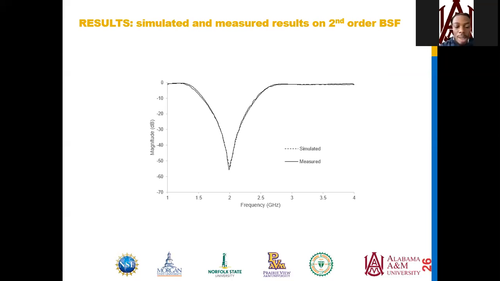And here are the simulated and measured results on our second order bandstop filter. We have our measured results and simulation results. Both have a frequency of 2 gigahertz and a magnitude of minus 50 dB. Next slide, please.